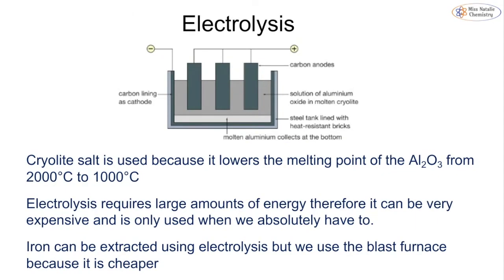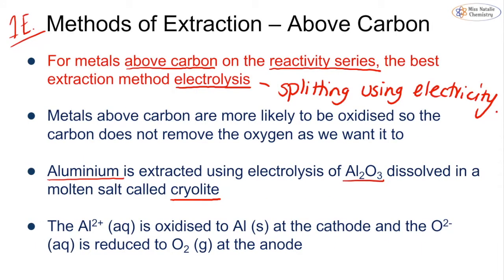So we have something that looks like this. We have our cathode, which looks a little bit different. This time it is the lining of our container, whereas for the carbon anodes, we have multiple anodes. So we have multiple carbon electrodes here, and these are, as we've said, where we're going to get the oxygen being formed.